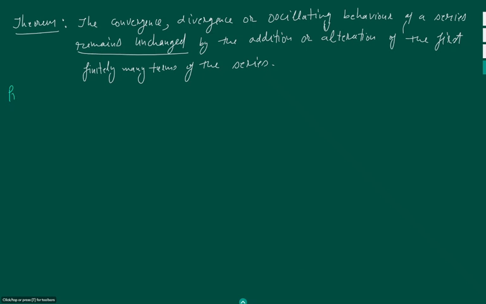So here is the proof. Let summation an, n varies from 1 to infinity, be a given series.